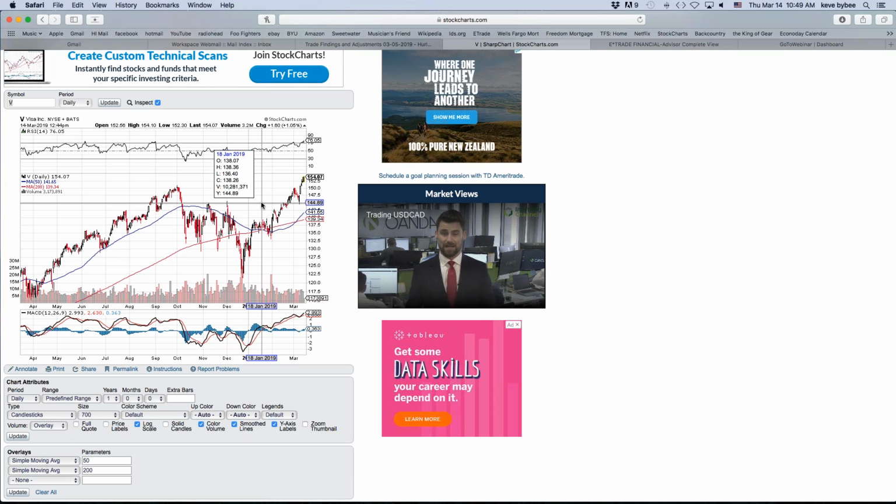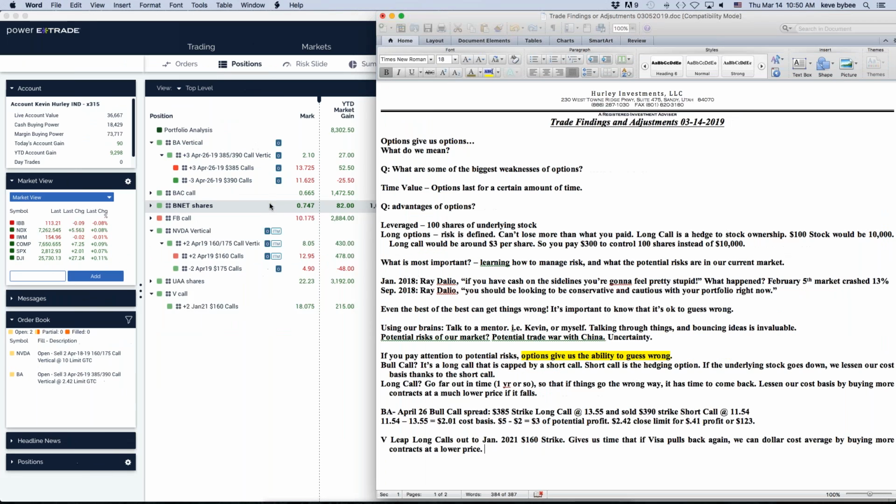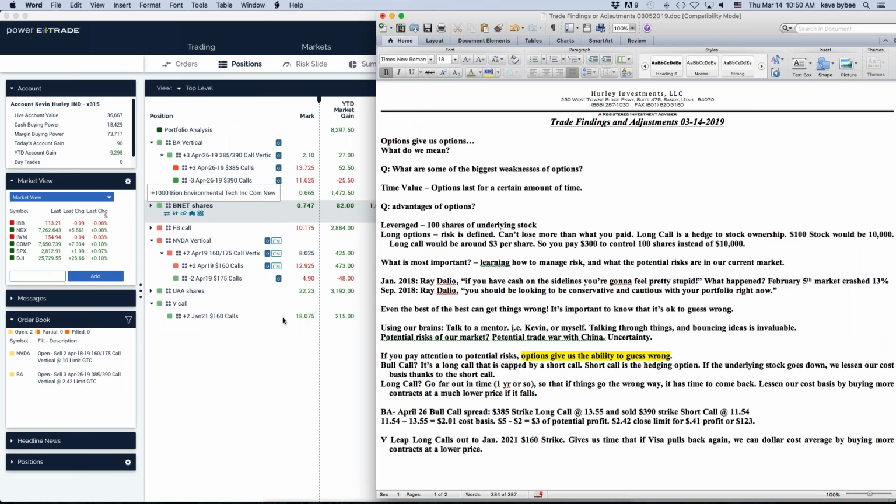But in any event, and of course, depending on why it pulled back, we deal with that and go over that in the future. But just to give you an idea, if it pulled back something like that, the Visa long calls, same contracts out to January 2021, 160s, are going to be much cheaper, probably closer to $12 at that point, maybe even a little less.